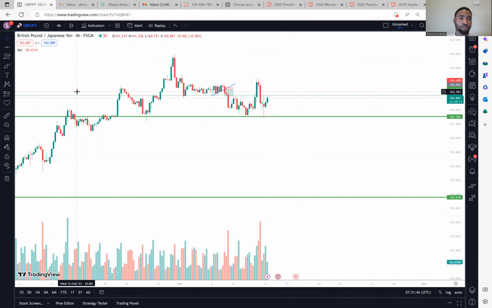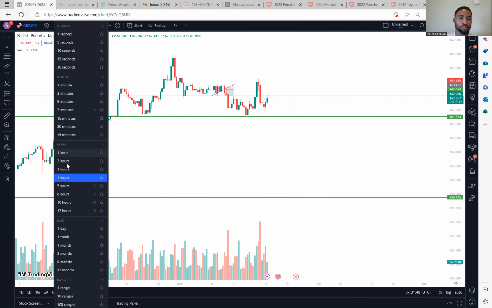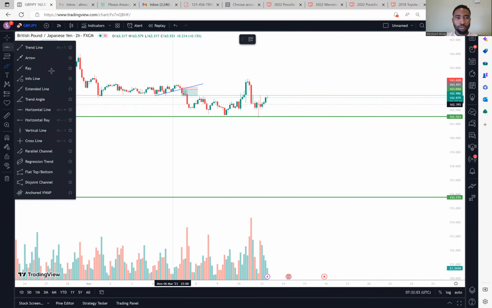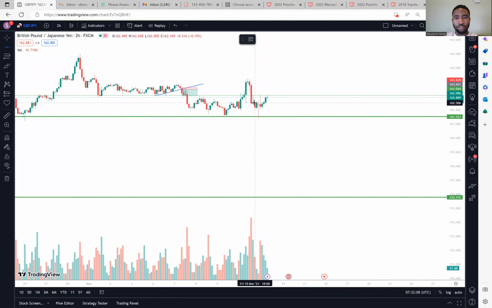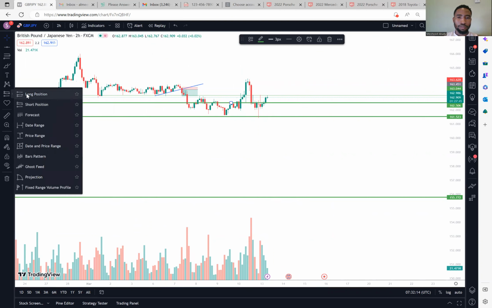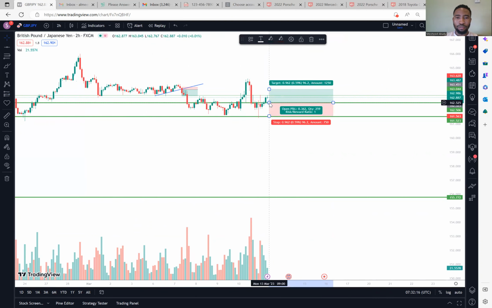So let me go to the 2 hours. On the 2 hour time frame, I'm expecting the market to come here. If the market gets to this place, then I'm going to buy from here.